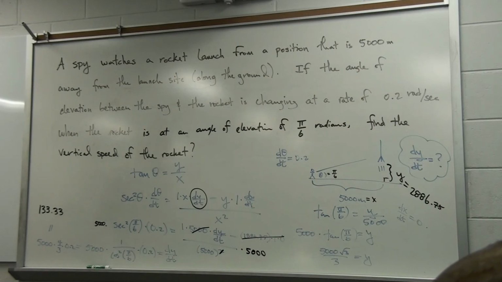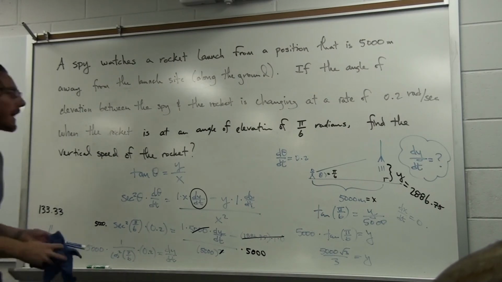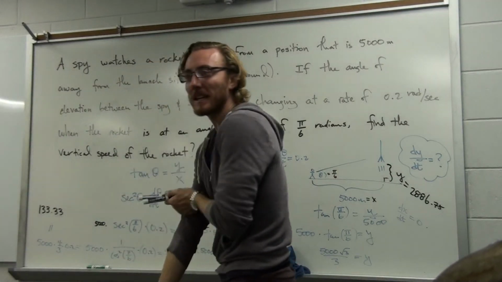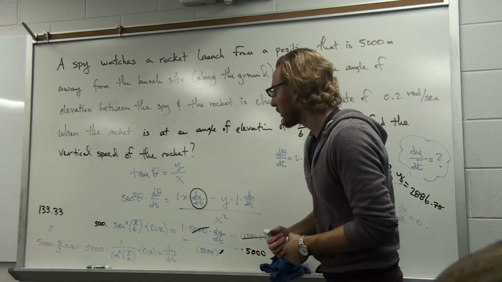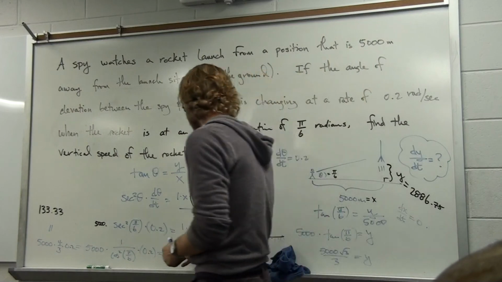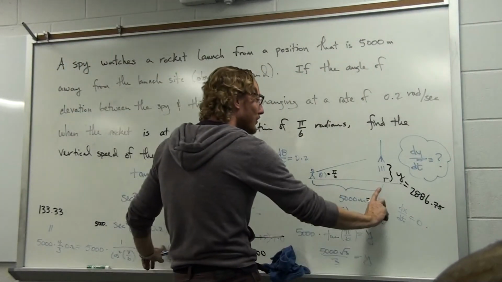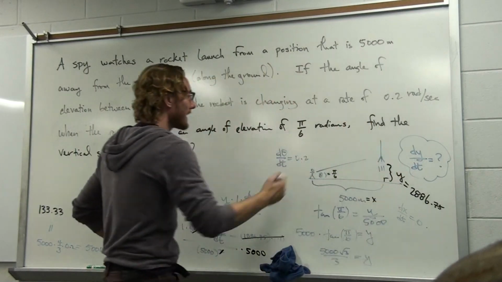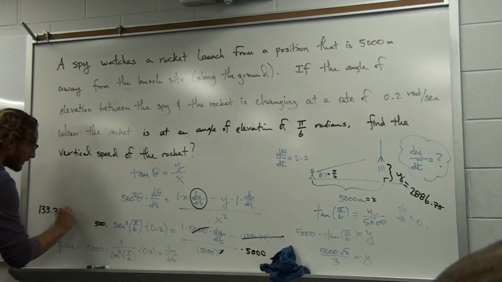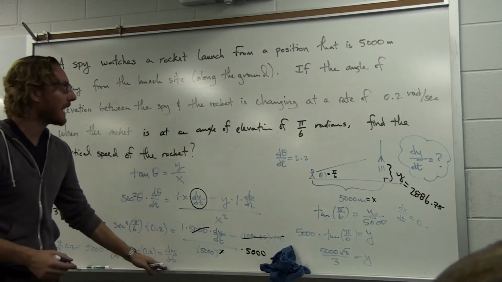Now what units does that have? Because this is vital information. I mean, if you're going to be the spy and you're going to tell the president how fast the rocket was rising, you better be able to give a unit so that number has clarity. This is the change in y over time. What were we measuring y in? Well, we measured x in meters, so y correspondingly would be measured in meters. And then the question is, what's the time unit?